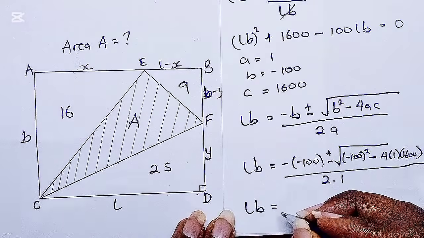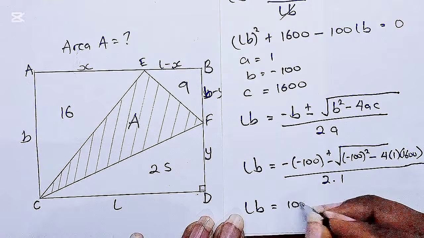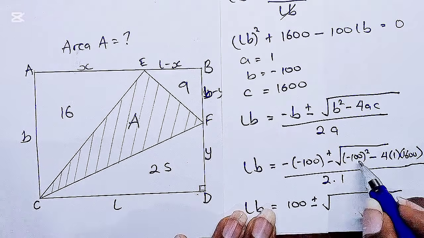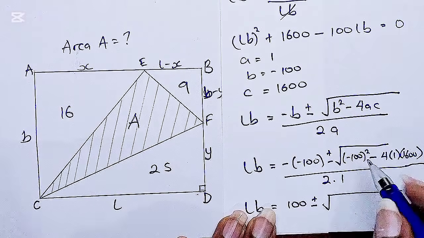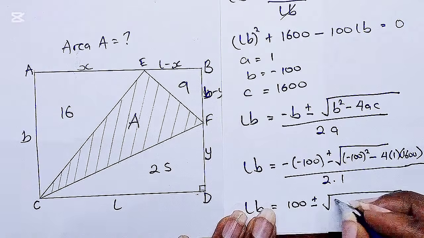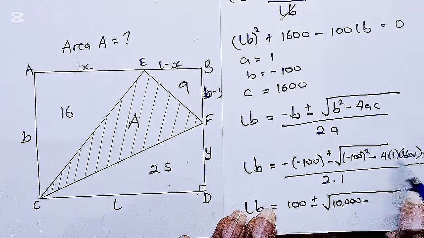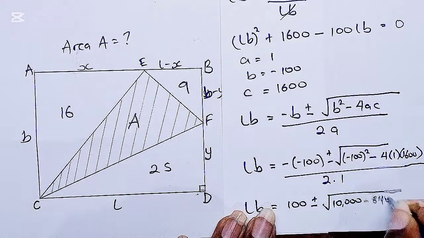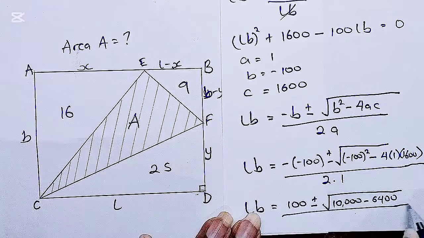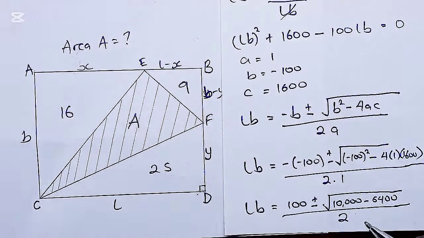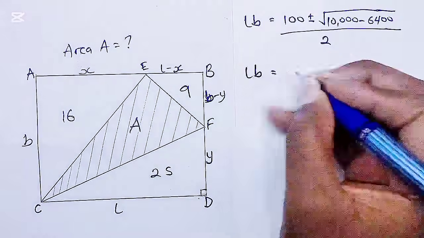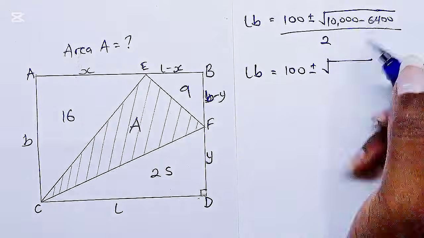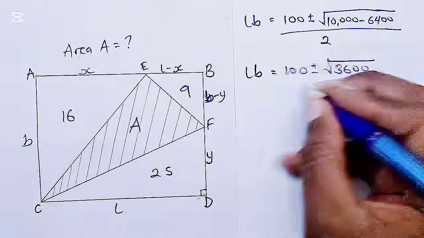Therefore, LB is equal to 100 plus or minus the root of 10,000 minus 6,400, over 2. 10,000 minus 6,400 leaves us with 3,600.